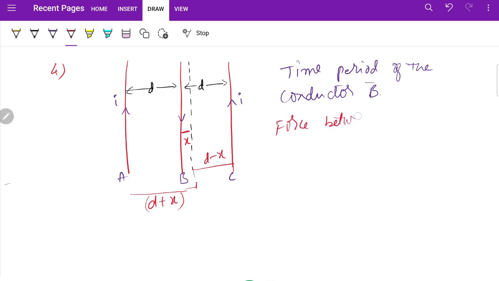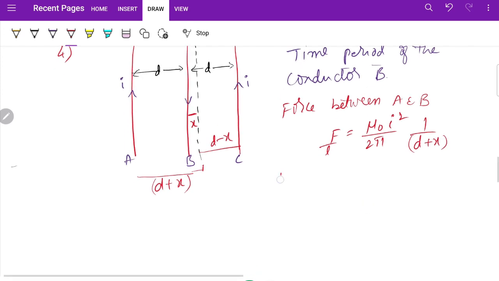Okay. So then what is the force between A and B? I'm writing force per unit length. F will be mu naught I square by 2 pi r. Sorry, distance is not r. It is 1 by d plus x. Okay.